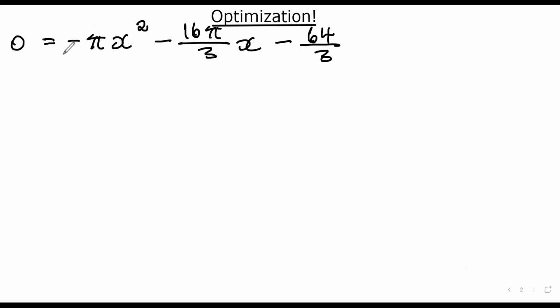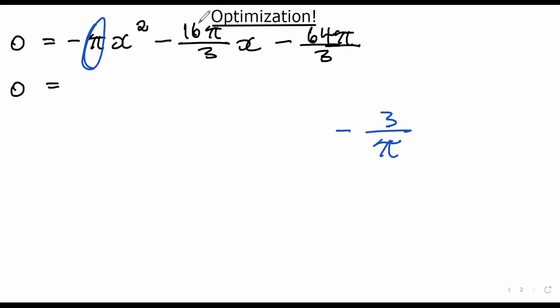So well, let's destroy the fraction first, because it's really easy to deal with this if we don't have a fraction. So this means I'm going to multiply throughout by negative 3 over pi, since everyone has a pi in them. Do you see that?